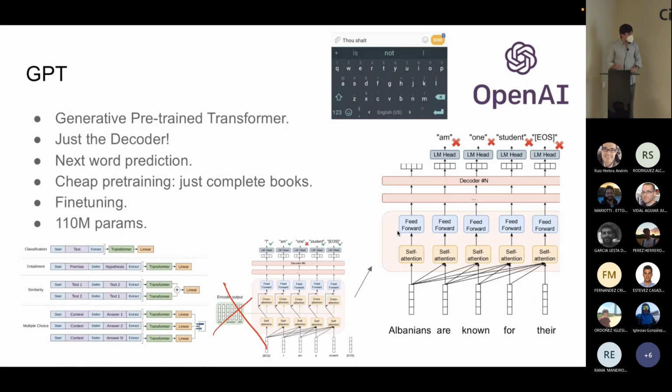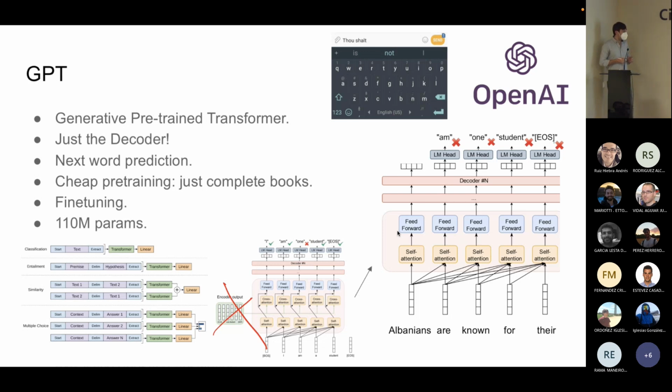Well, if we say, for example, instead of putting in the encoder the English sentence and then expecting the French from the decoder, we take the decoder and we say, English: My name is Manuel. French: Now start generating. So the model, being only a decoder, can learn how to translate from English to French.